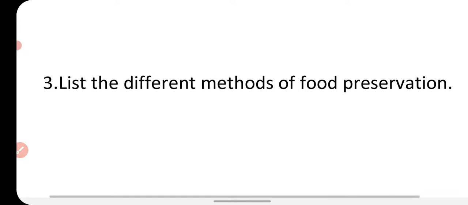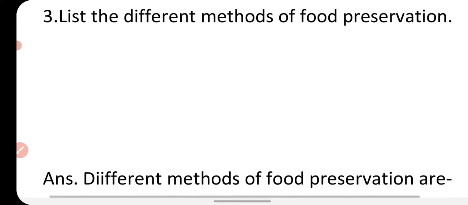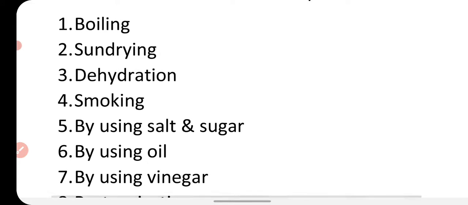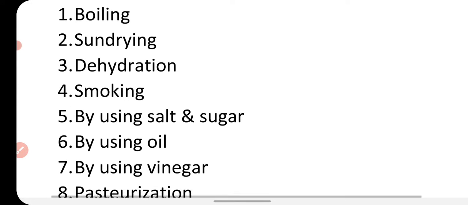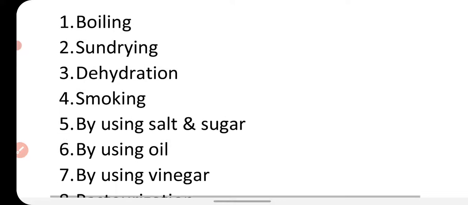Next question is, list the different methods of food preservation. As you know, there are several methods by which we can preserve our food, like boiling, sun drying, dehydration, smoking, using salt and sugar, using oil, using vinegar, and pasteurization.